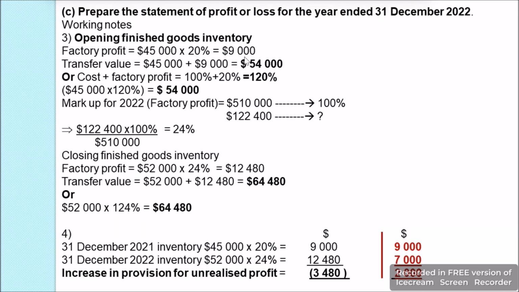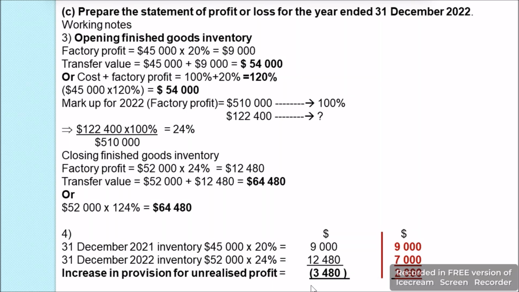We got the value as $9,000, and this is the profit for the opening inventory. And for the closing inventory of finished goods, we have taken the cost of $52,000, and to this we have multiplied the markup or the factory profit of 24%, and we got the value as $12,480.